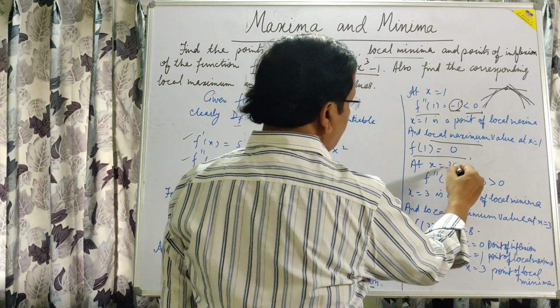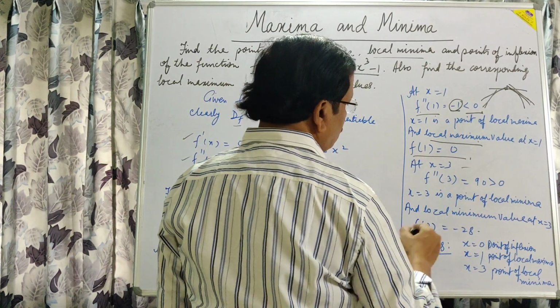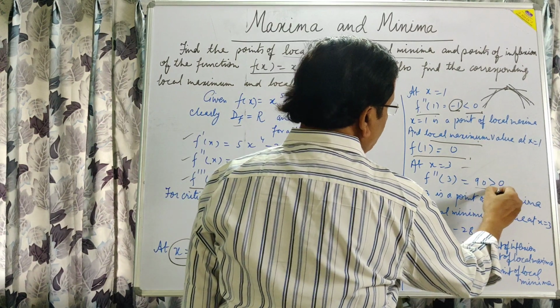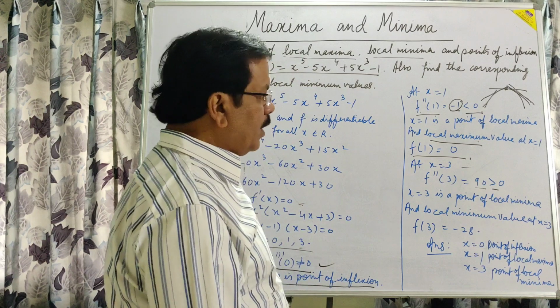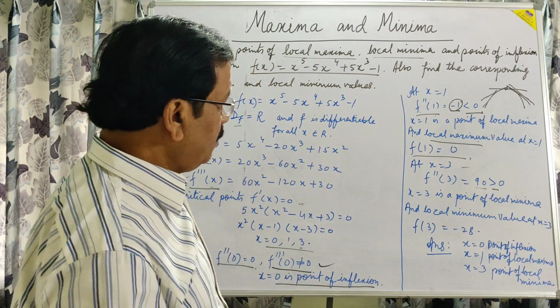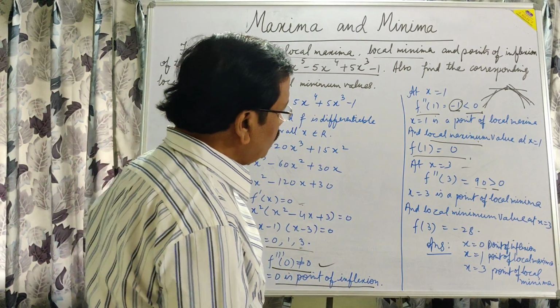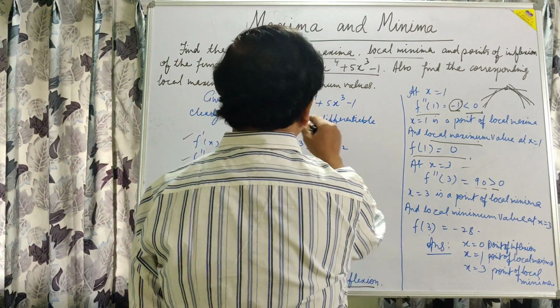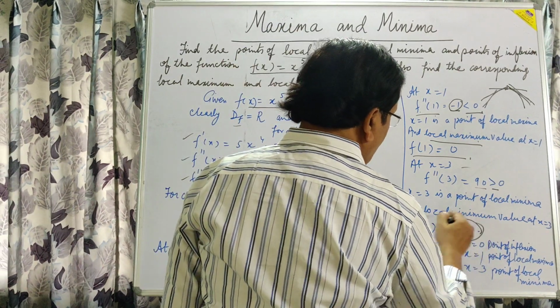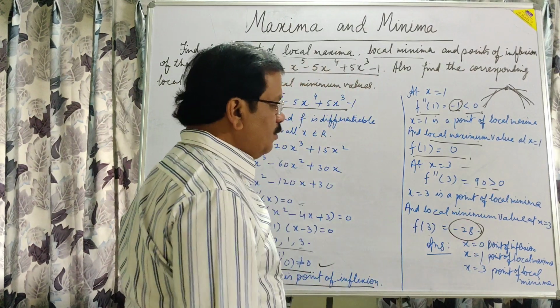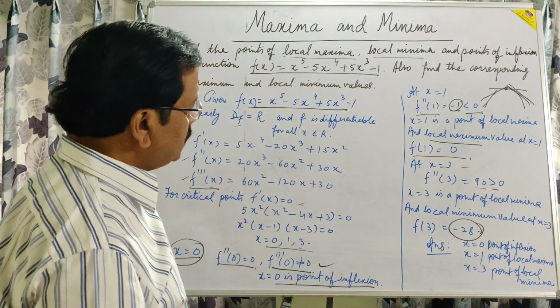In the same way, at x equal to 3 we get 90, which is positive, and that is why this point will be local minima. Substituting 3 in the given function, we get minus 28, which is the minimum value. And this is all about this question.